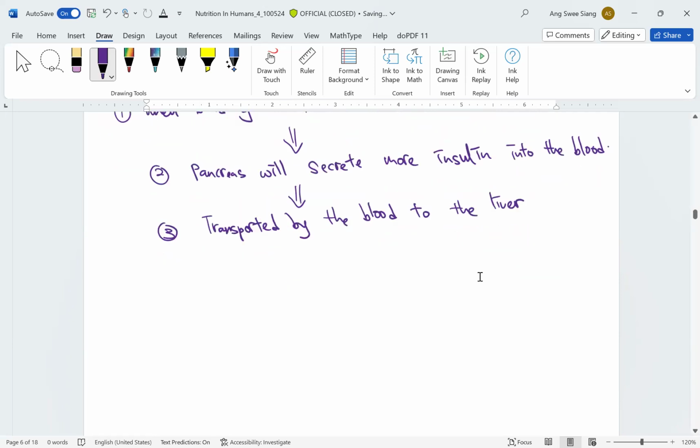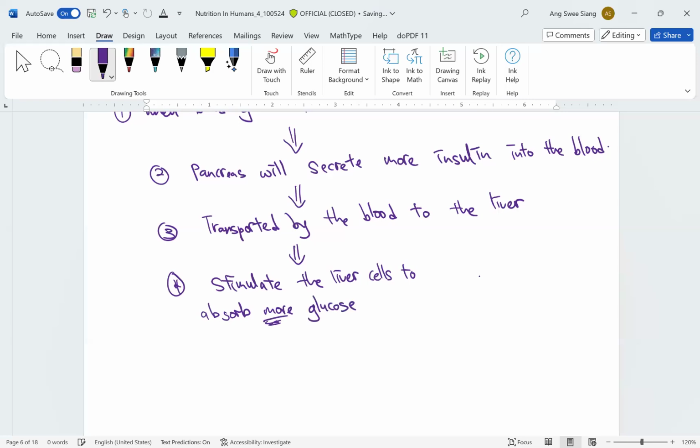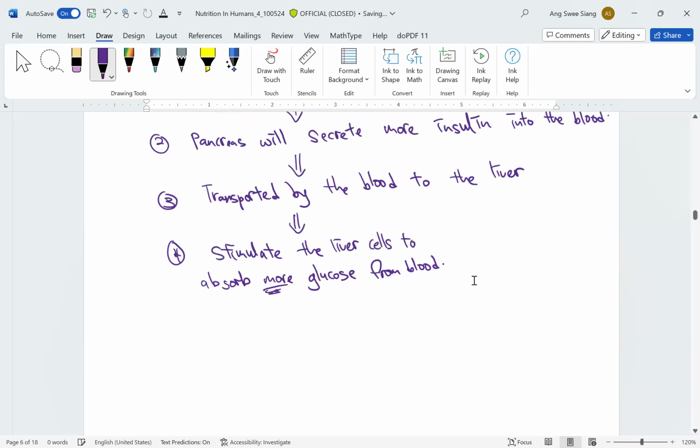It will then stimulate the liver cells to absorb more glucose from the blood and convert the absorbed glucose into glycogen.